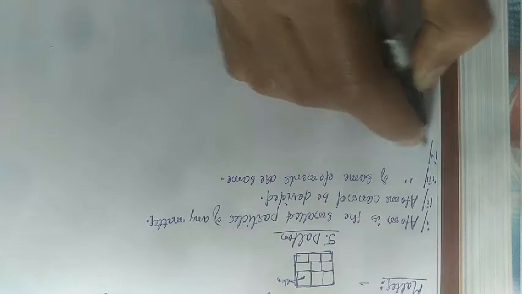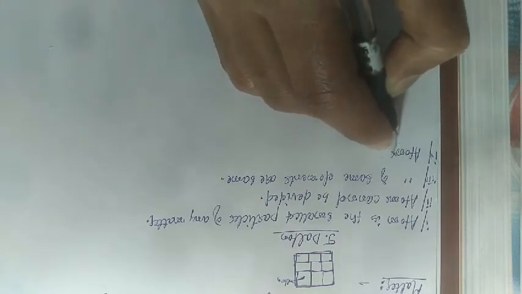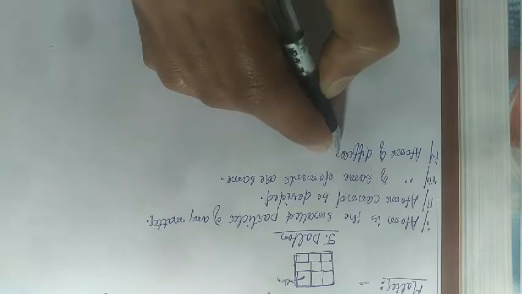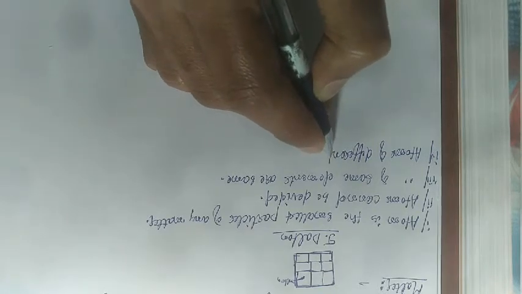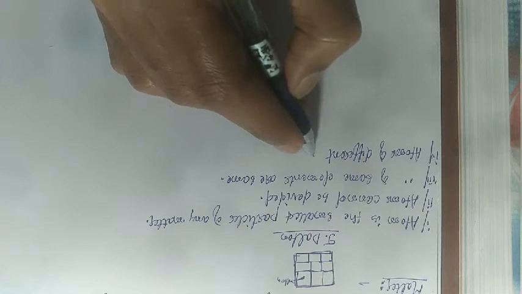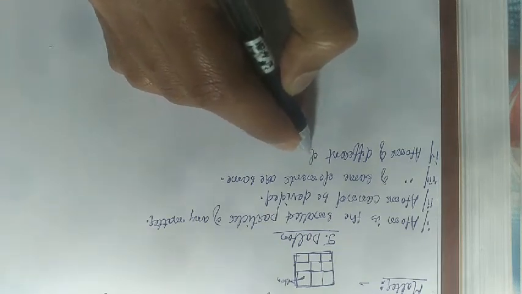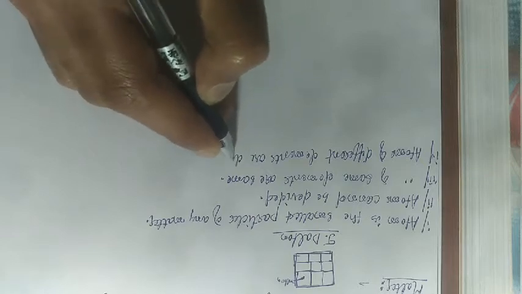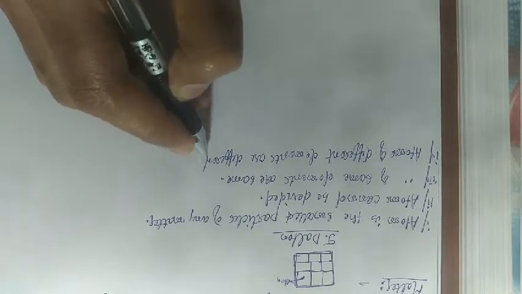And number four, atoms of different elements are different. Okay, atom is the smallest particle of any matter. Atom cannot be divided. Atoms of same element are same, and atoms of different element are different.